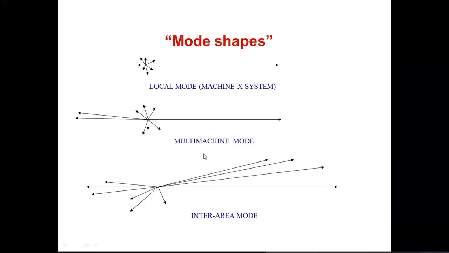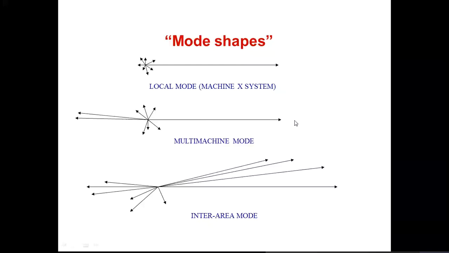There could also be an oscillation as a multi-machine mode. It is possible that some generators have a much higher, dominant oscillation with other generators in the same power plant or the nearby power plant, and they all together will be against the rest of the system.